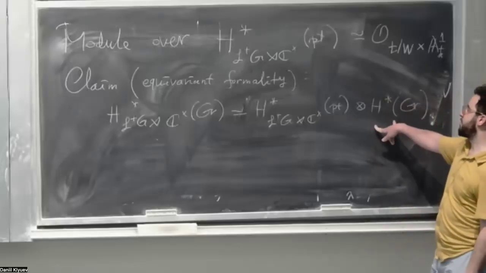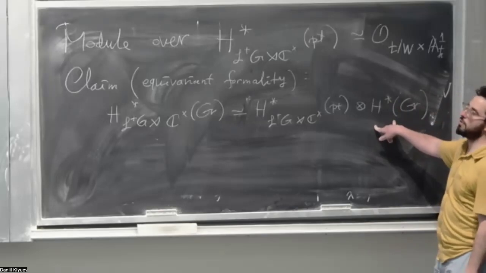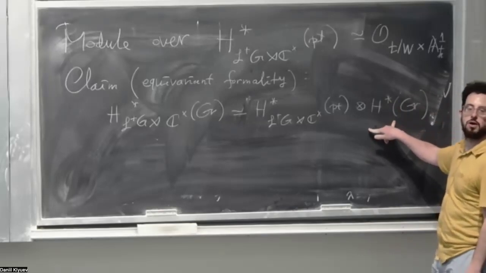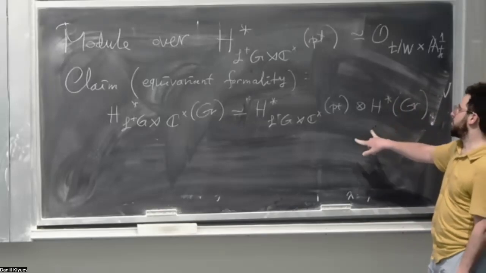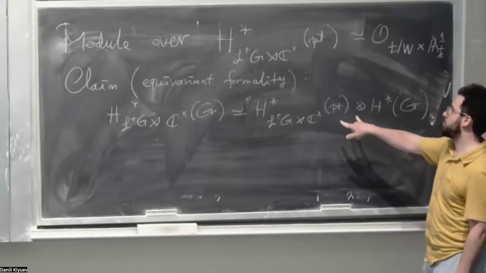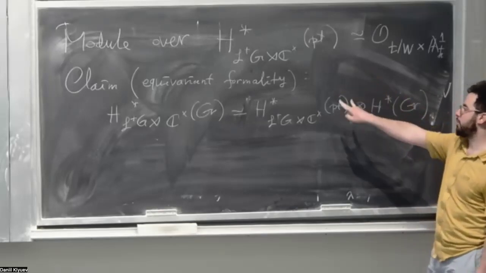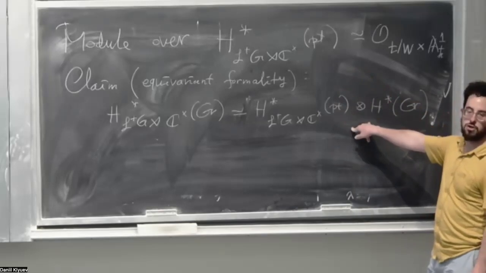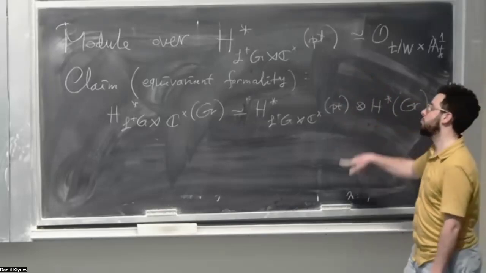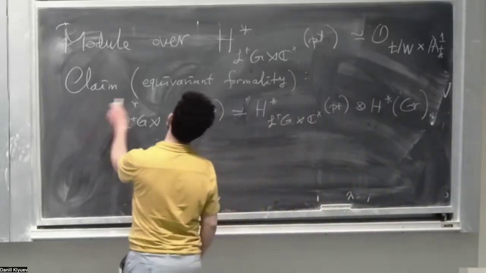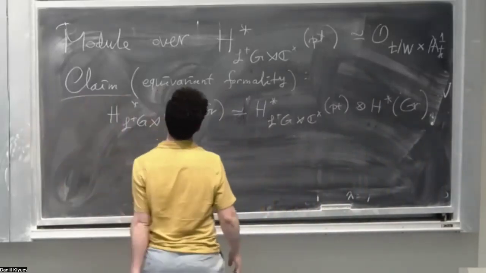The statement is that it's a free module, and the proof of that, from all I know, is a spectral sequence argument. We have a spectral sequence computing equivariant cohomology. This is the E2 page, and it degenerates. But I'm going to leave it.